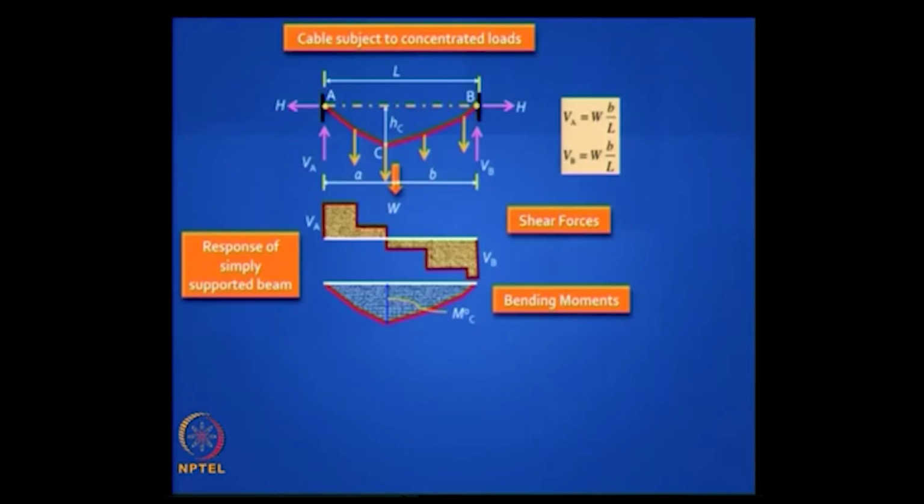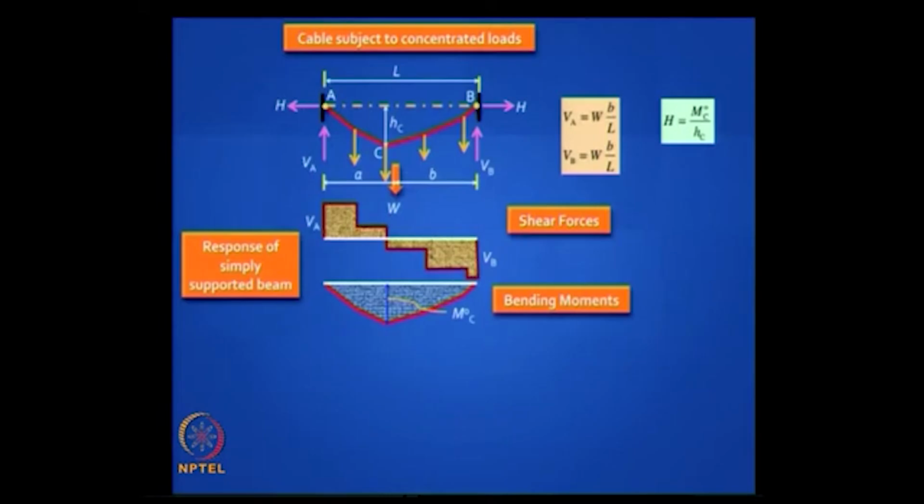Let us say the total load is W and it is located at a distance A from the left end and B from the right end, then VA and VB are very easy to calculate, and the horizontal reaction is actually obtained by the bending moment, the free moment in the equivalent beam, divided by the height at that location.